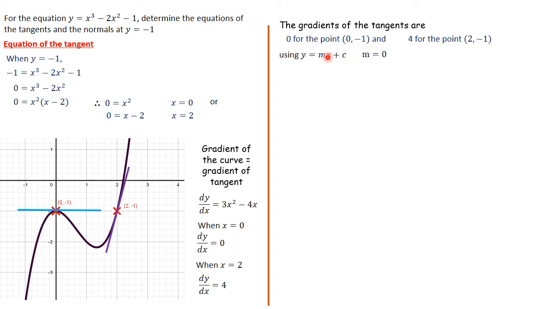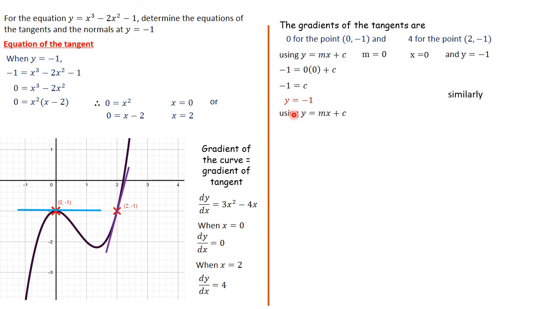M is 0, x is 0, and y is -1. Putting those values in the equation, you solve and you get c is equal to -1. Putting that in the equation, we have y is equal to -1. Well, we can see it's a horizontal line anyway. It cuts the y-axis at -1. Therefore, it's simply y is equal to -1, and there's not much you can say about that.